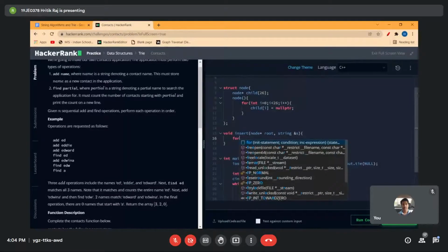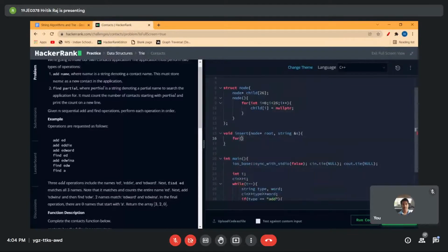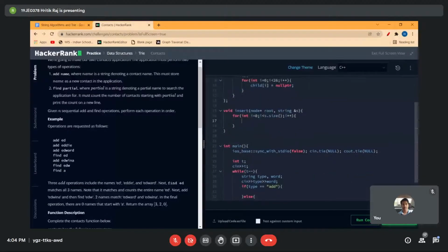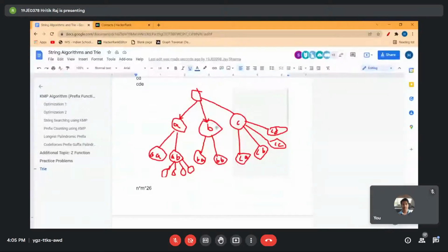Now, the way we will insert it would be like this. We will start with the iteration of that word, and we will check the temporary variable on which we are, suppose some node b.